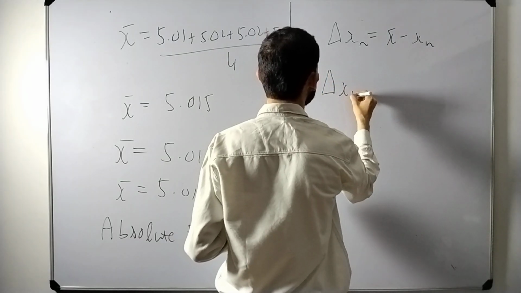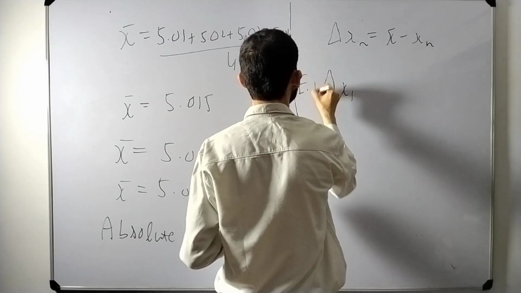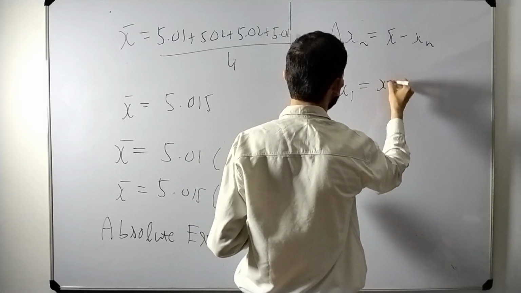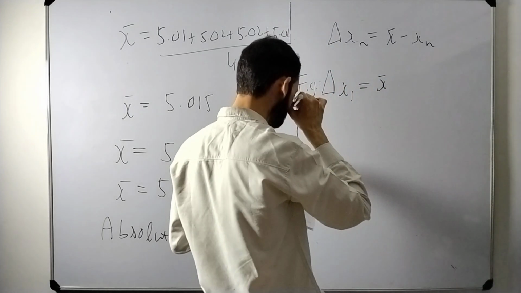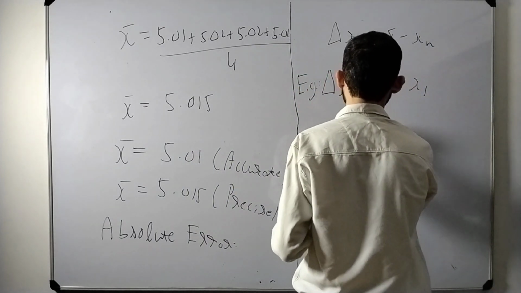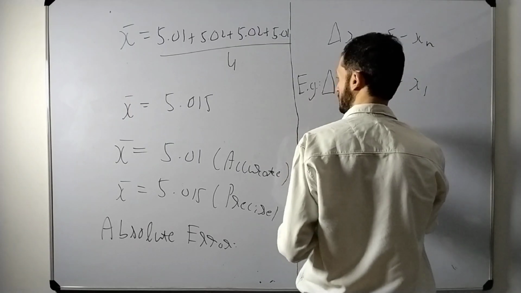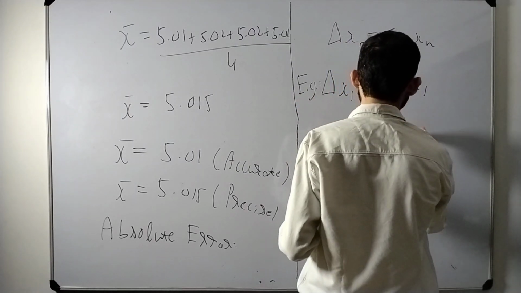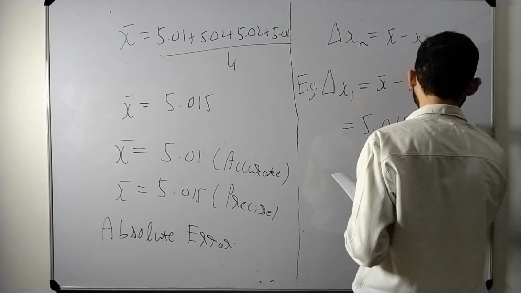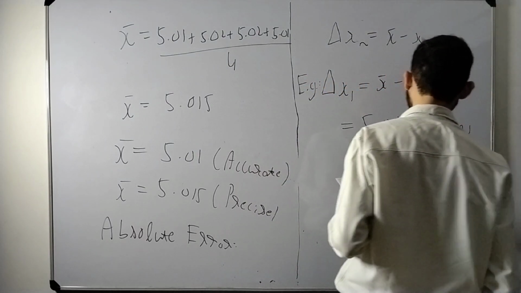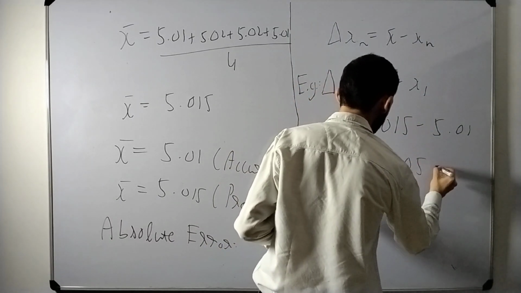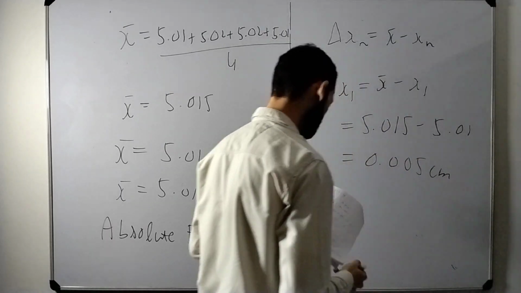Example of this: del x1 is x minus x1, and this is 5.015, and this is 5.01. So this becomes what, students? 0.05 sir, centimeter. Very good beta.